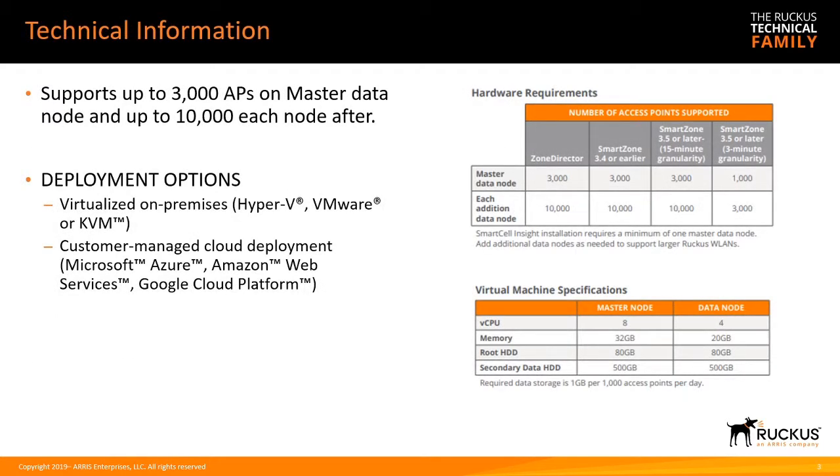Just to give you some technical information, depending on how you deploy this, it'll support up to 3,000 APs on the master data node, and then 10,000 APs on each data node after that. As you can see, Zone Director 3,000, 10,000, and then depending on the granularity, whether you want 3-minute granularity or 15-minute granularity, it supports 1,000 and 3,000 or 3,000 and 10,000 per data node beyond that.